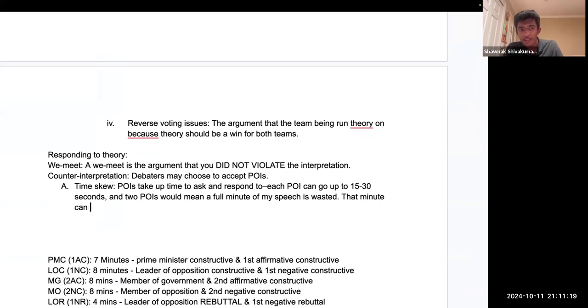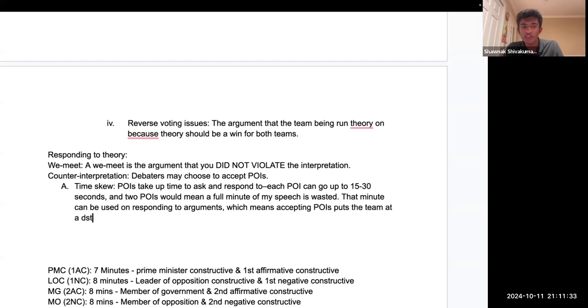That minute can be used on responding to arguments, which means accepting POIs puts the team at a structural disadvantage. Do you get that?